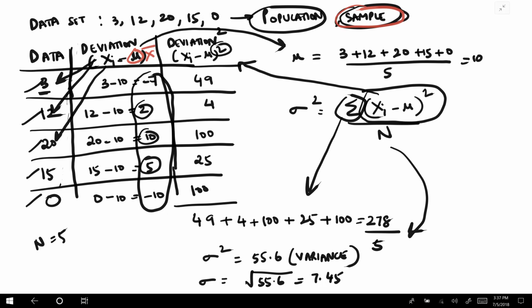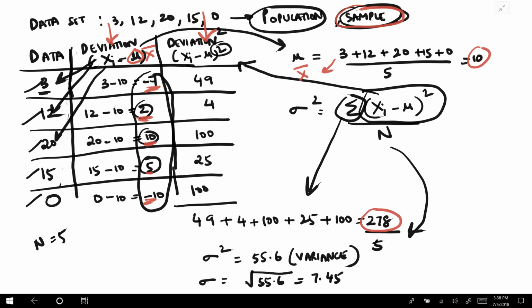So here, if this is the data set and we are considering this as a sample, then x bar will be 10. So this whole column would be the same. That means if we square them, the deviation square column will also be the same. That means our summation 278 would also be the same.